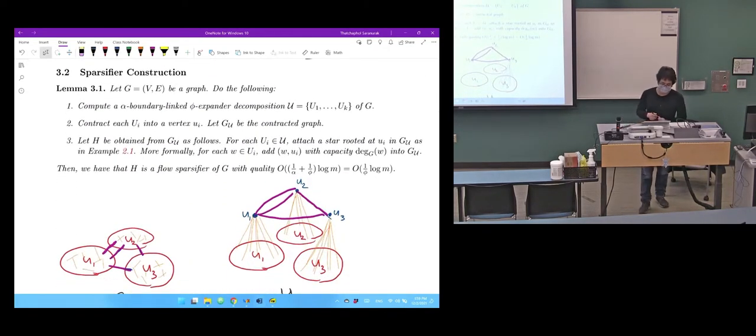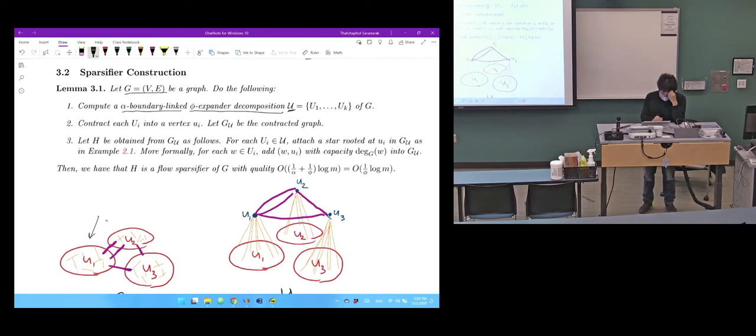So now let's look at how to get a sparsifier for any graph. You have a graph G. Then let's say that I compute an alpha parallel-linked phi expander decomposition script U of the graph.